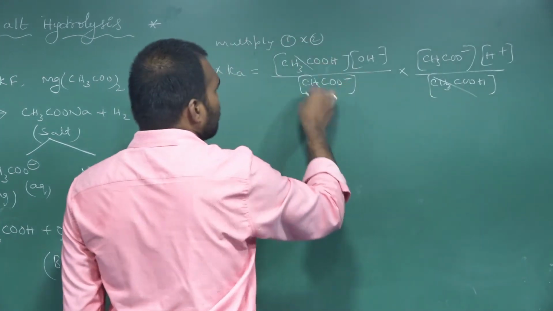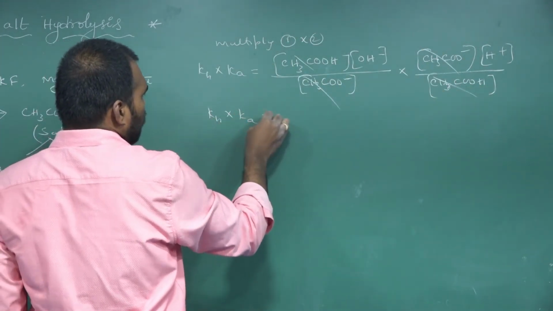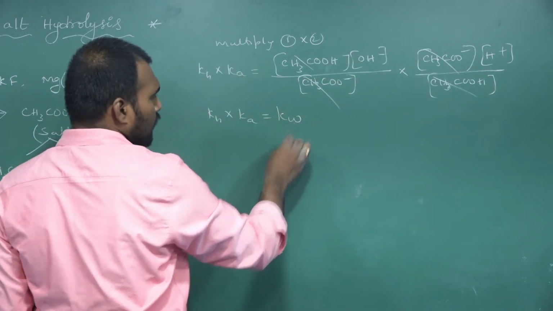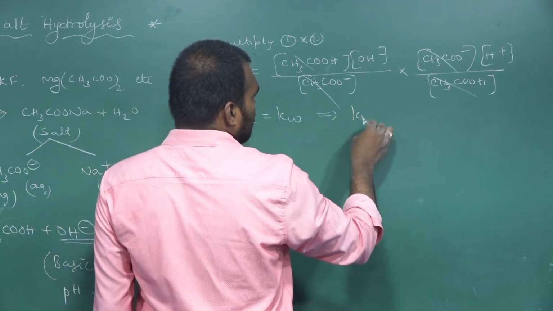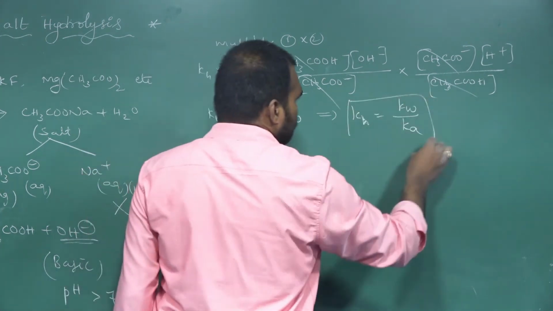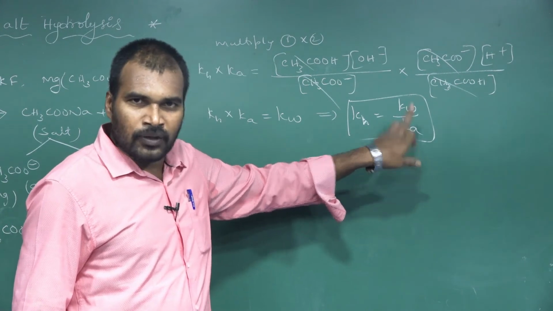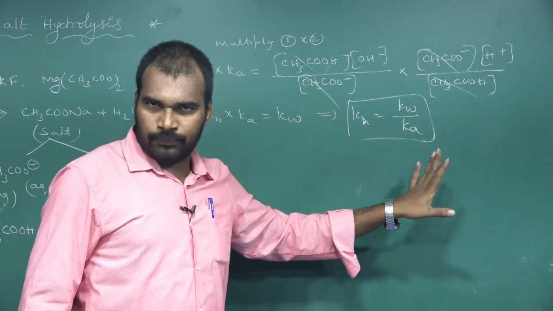It will cancel. So finally, Kh into Ka is equal to H plus concentration into OH minus concentration, that is Kw. From that, we can write Kh is equal to Kw by Ka. In the second case, Kh is equal to Kw by Kb, whereas in this third case, Kh is equal to Kw by Ka.